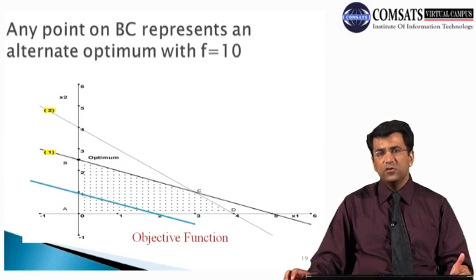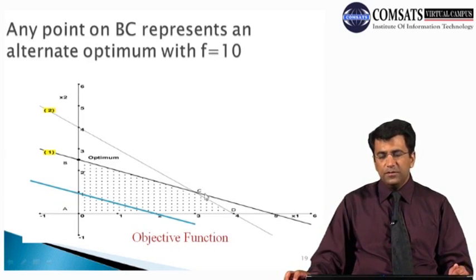Of course we'll have to convert those constraints or inequalities into equalities, and by identifying x1 is equal to 0 and then x2 is equal to 0, we may have the 2 points. In order to draw these lines, we have already discussed this method in graphical method of problem solving. So point C is the point of intersection for these 2 lines.